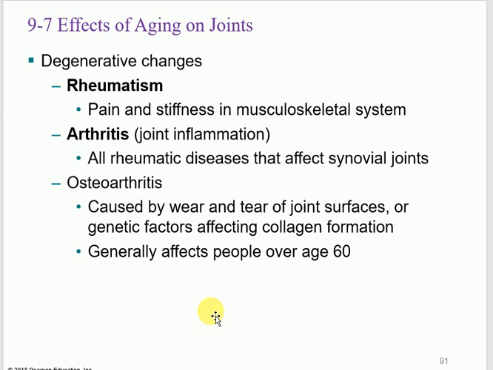There is something called rheumatism, and rheumatism is a general term that describes pain and stiffness in general. At any joint, when you have pain and stiffness, I call it rheumatism. Arthritis. What's arth? A-R-T-H. Arth, or arthro. What does it mean? Joint. Itis, I-T-I-S, inflammation. Arthritis, inflammation of the joint.